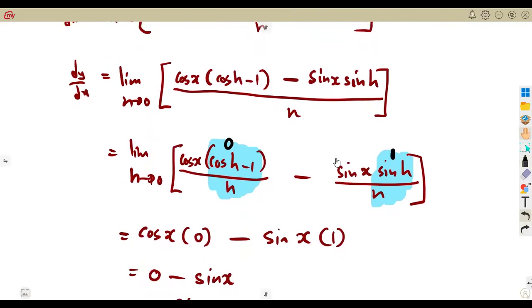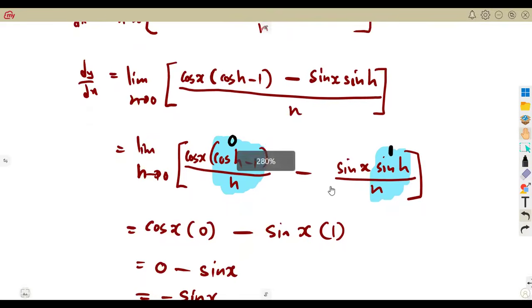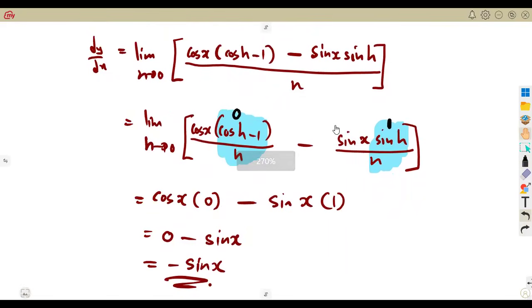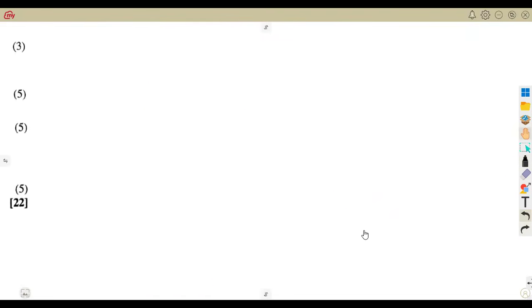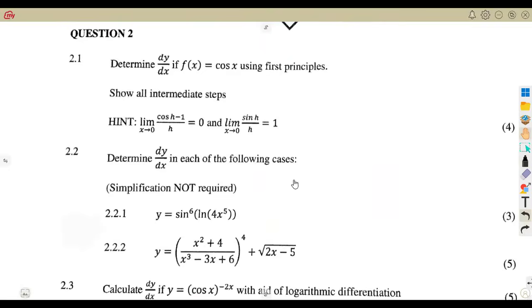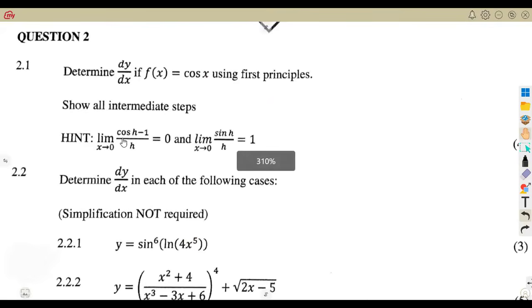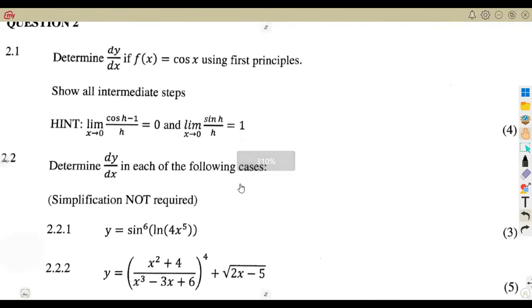So you separate in a way that those limits can be accommodated in your simplification. Without this, guys, it's going to be difficult, unless you are using any other method. But if you are working with the hint that you are given, there's no way but to separate in a way that you use that.